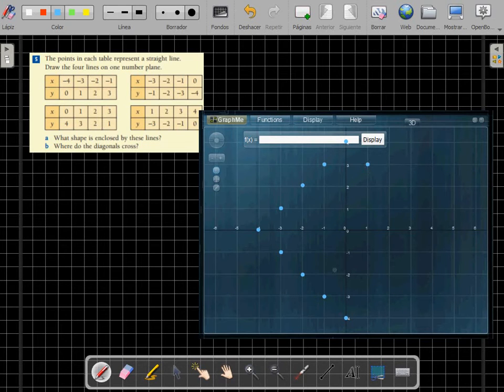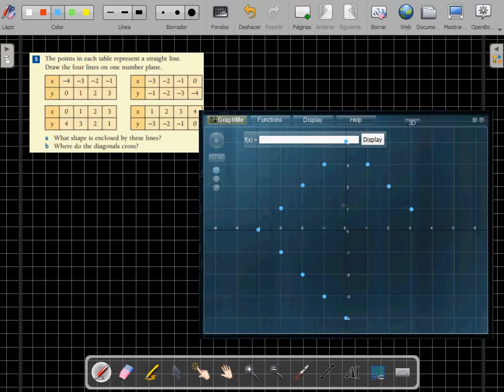There it is. Then we have 2 in x, 2 in y. We located 2, and from here we move up until we reach the 2 in y. There. And finally 3 in x, 1 in y. Here it is, 3 in x, and from here we move up until we reach the 1 in y. 3 in x, 1 in y.